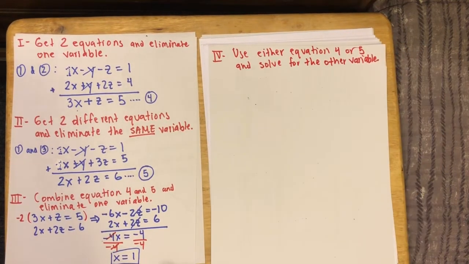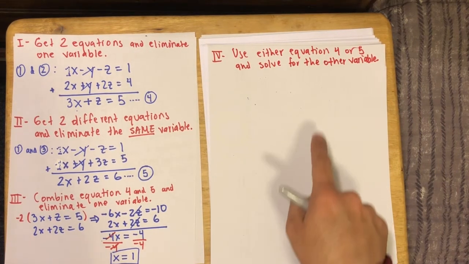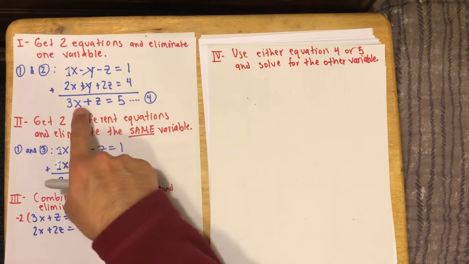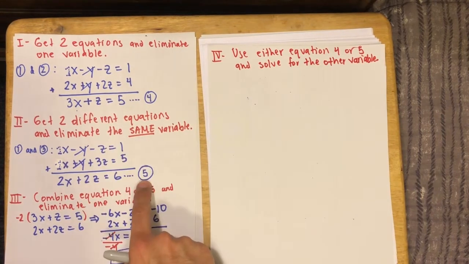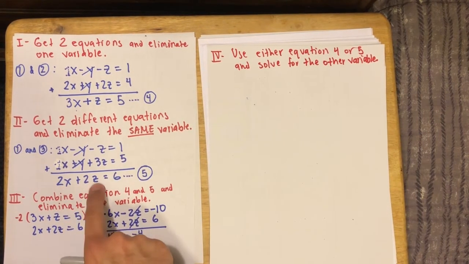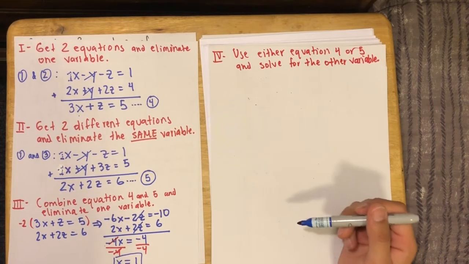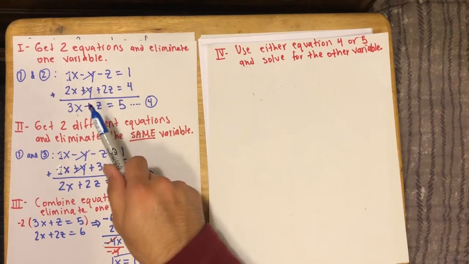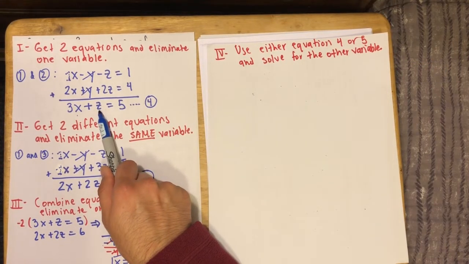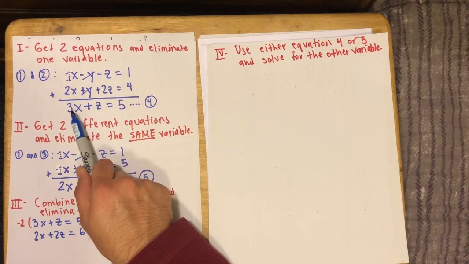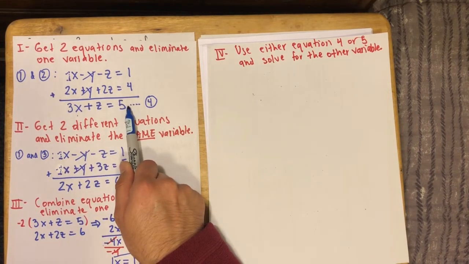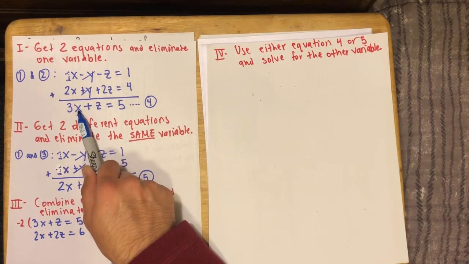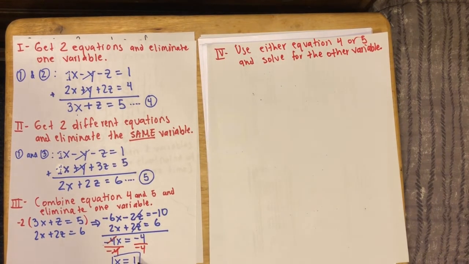So we solved for x in the previous step, so we need to solve for z in this step, because equation 4 has x and has z, and equation 5 also has x and has z. So which one do you think has simpler numbers? For me, I will say equation 4, because z is already by itself. All I need to do is move this 3x onto the other side, and we will solve for z. And then substitute the x, because we already solved for x.